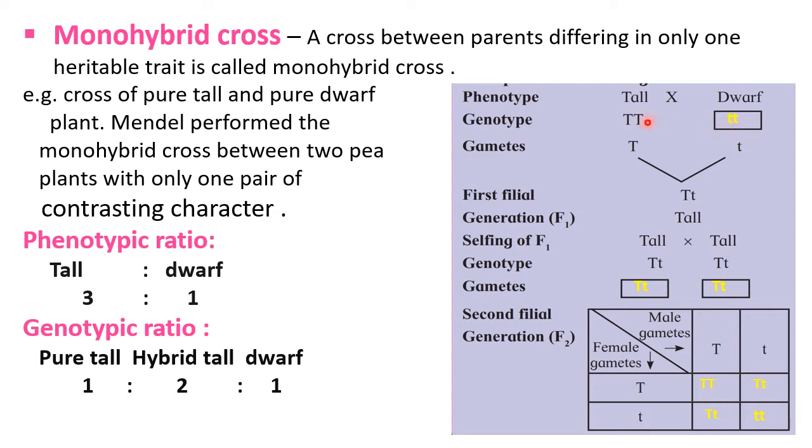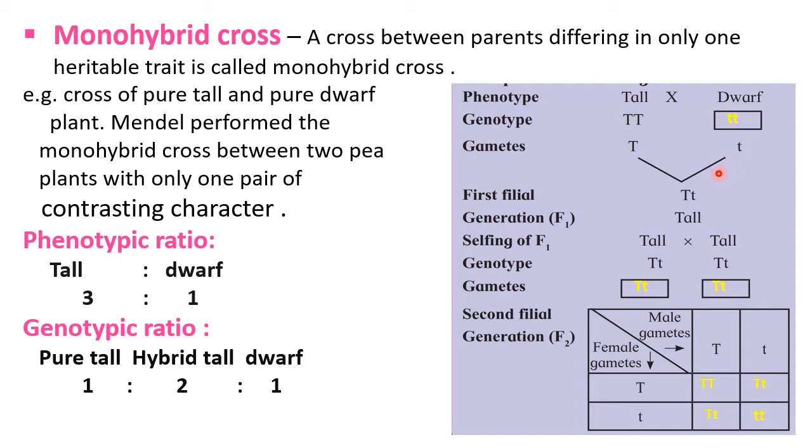So he crossed the tall pea plant with the dwarf pea plant, and both plants produced equal numbers of gametes. Here only capital T is written as both the genes or alleles are the same, and gametes are also produced of the same type. Here also only one t is written, which means both the gametes are identical.